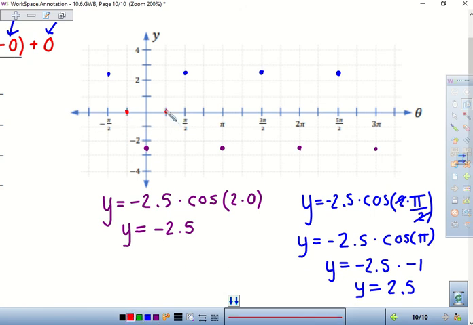So all the zeros are right here, if you're wondering. And you could check that, like mathematically, if you don't believe me. And then we can just connect it.